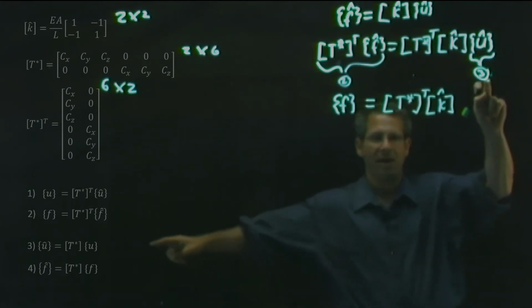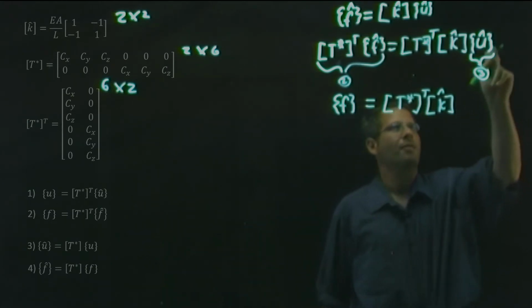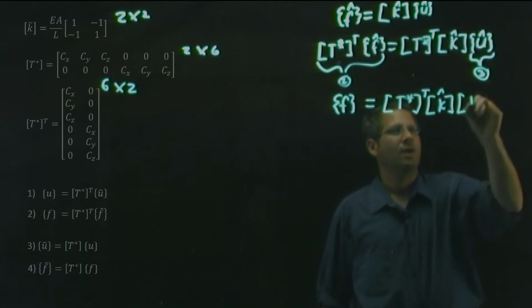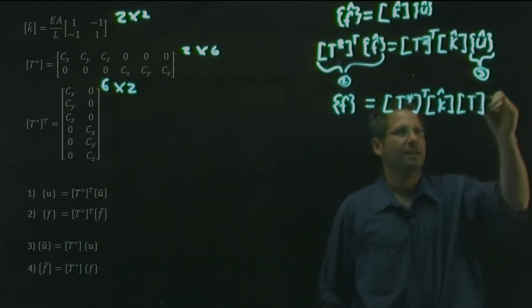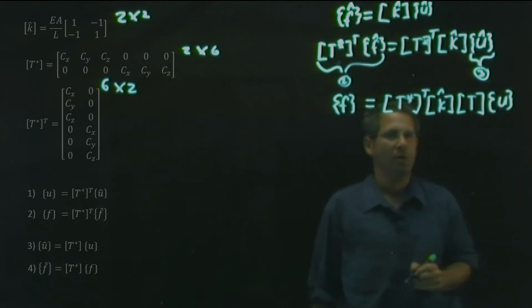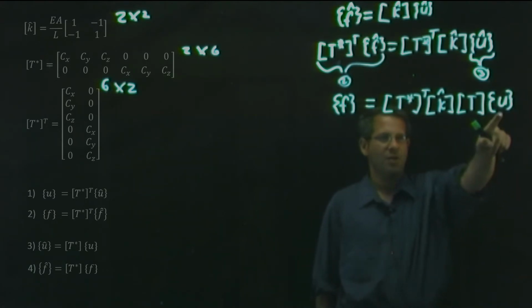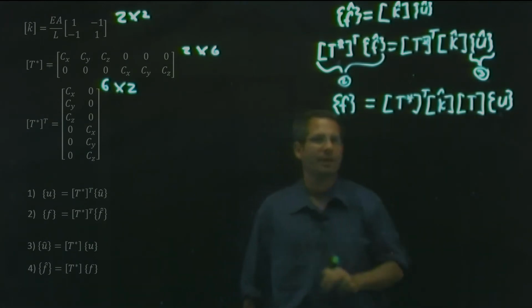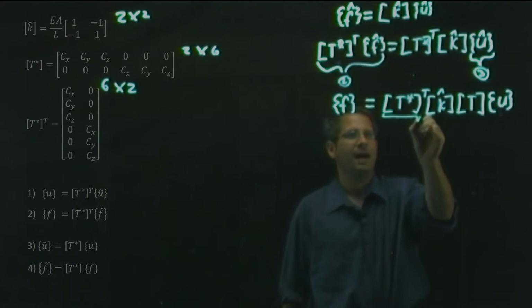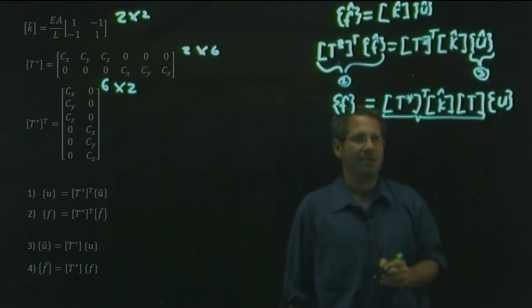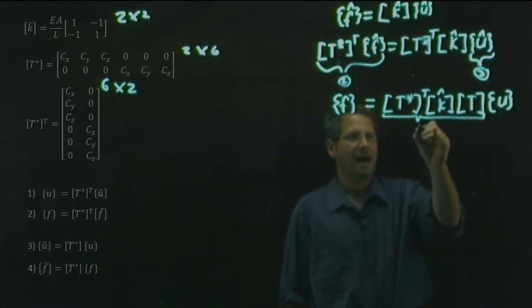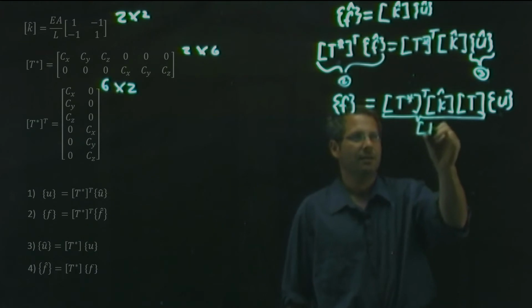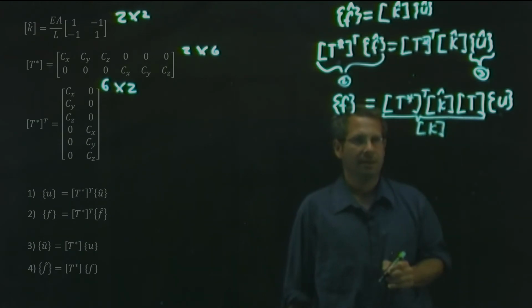I'm using equation 3, so I'm going to replace U hat with the transform matrix times U in the global coordinate system. Now I have U in the global coordinate system and F in the global coordinate system, which means that I can define these three matrices multiplied together as simply my stiffness matrix in the global coordinate system.